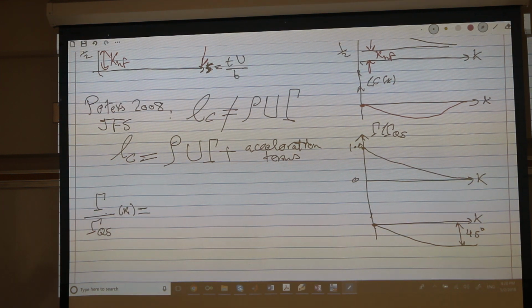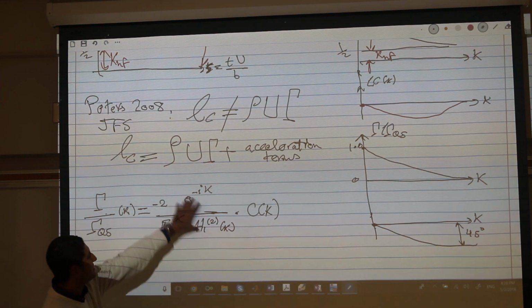It's not a big deal, you can just manipulate things, but it's not explicitly stated in books. I guess this is negative 2 e to the negative ik divided by pi ik H1 2 of k, and here is C of k. So the transfer function of frequency is not C of k, it has this guy.